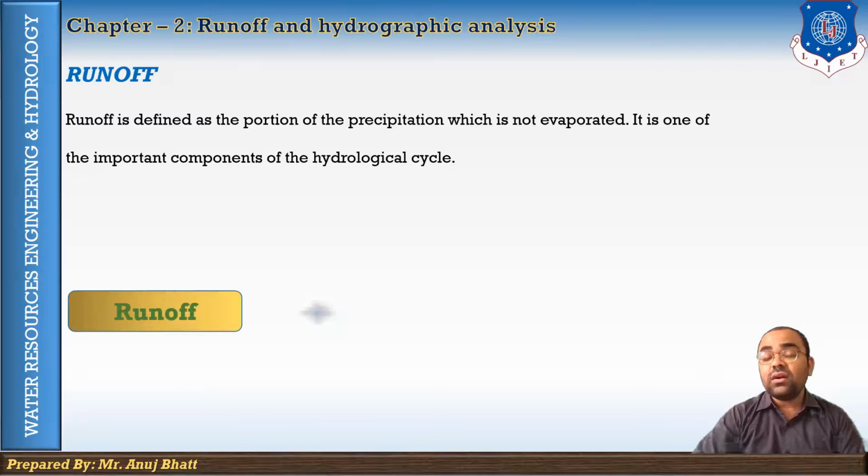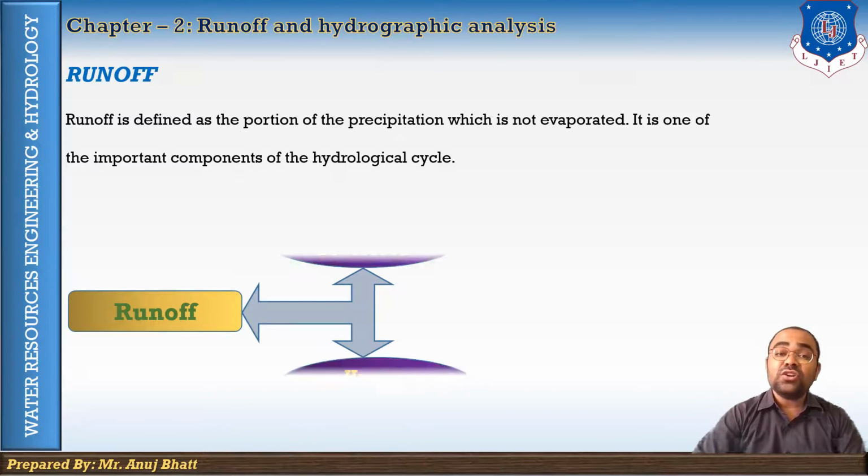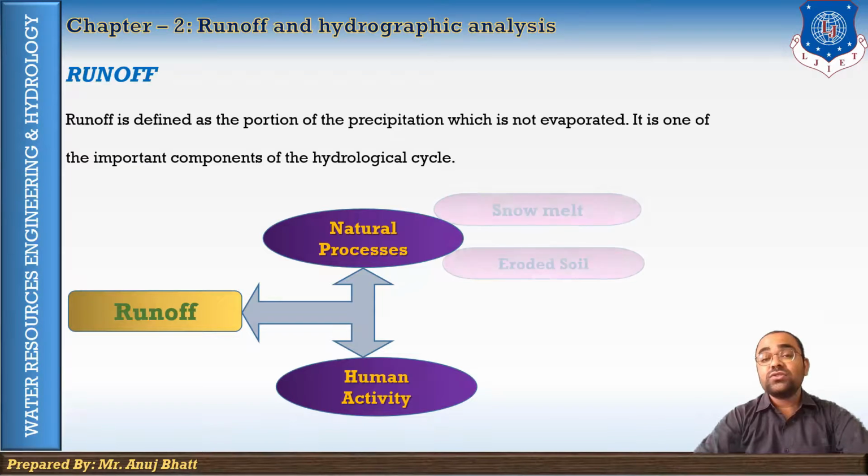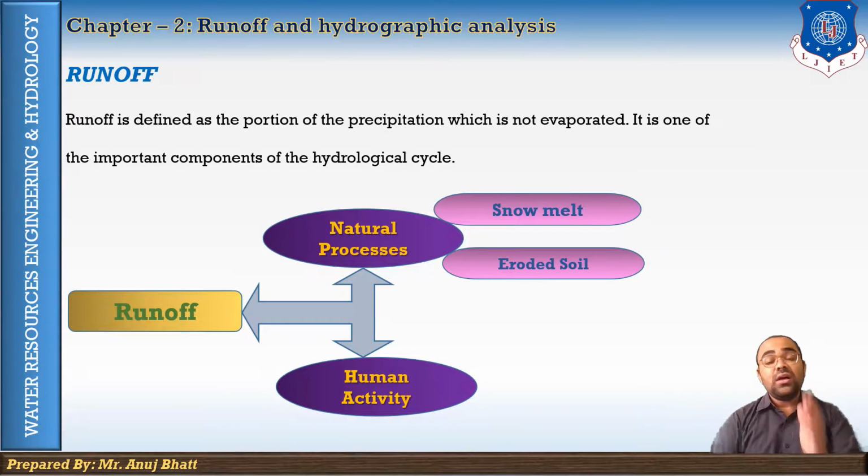So runoff can come from two sides: the first by natural process and the second by human activity. Well, how does it occur? The most familiar type of natural runoff is snow melt. Mountains that cannot absorb the water from a heavy snowfall produce runoff that turns into streams, rivers or lakes.